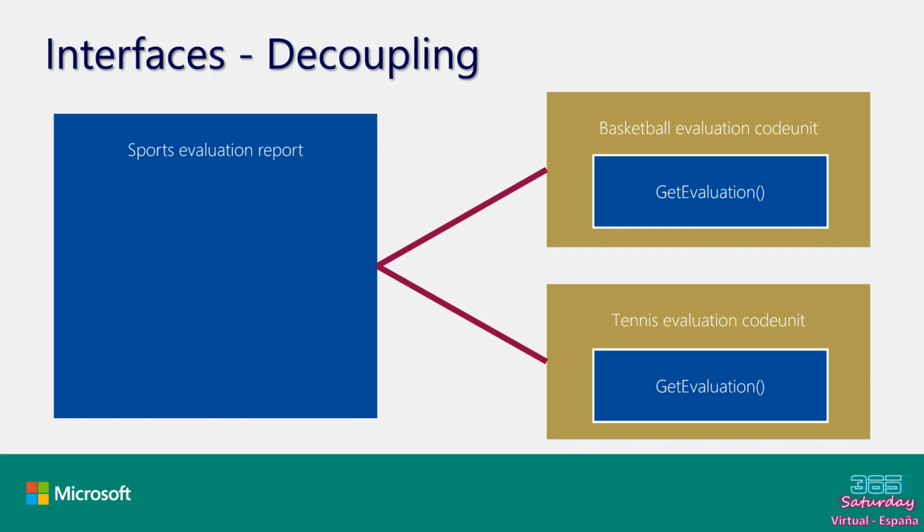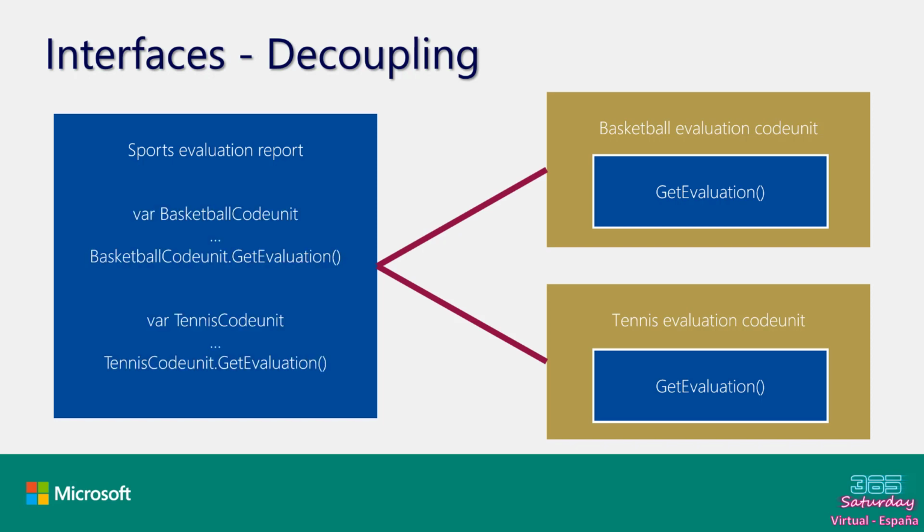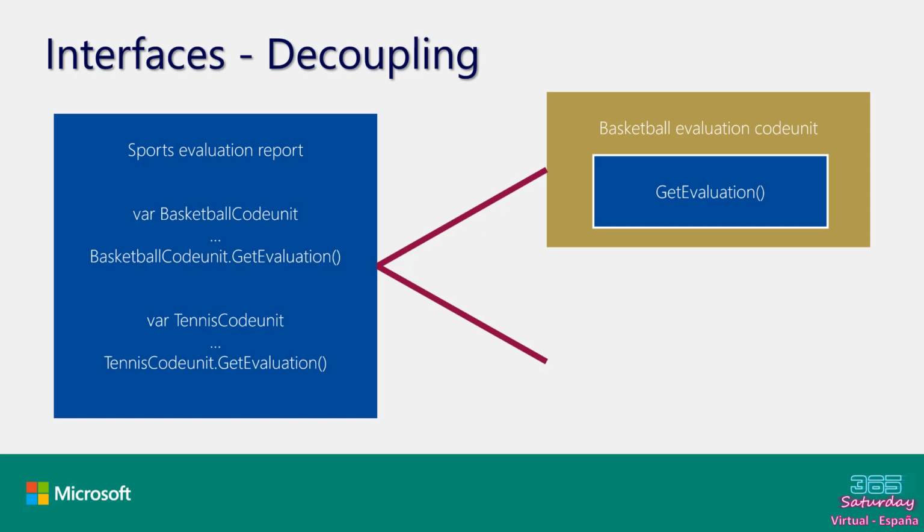They are very tightly coupled because they need to call each other. They need to know each other. So from my sports evaluation report, I still need to have a variable basketball codeunit. And that one needs to call the get evaluation method on the basketball codeunit, and the same for the tennis stuff. So again, those still are very tightly coupled. Why does that matter? Because, for example, if we just remove the tennis evaluation codeunit because there is that tight coupling, we will run into problems.